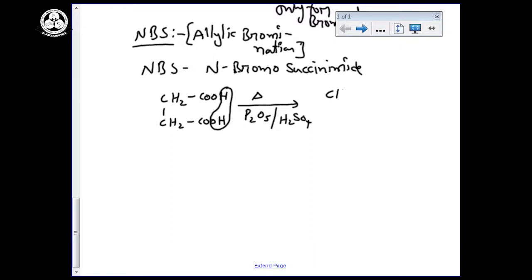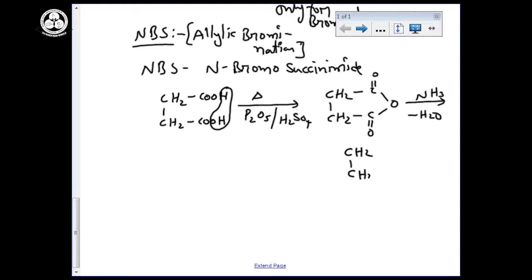Now we get one cyclic compound, CH2, C double bond O, with oxygen here. Next I am adding ammonia to this one. I am doing the ammonolysis. Now you can remove the water from here. Now it becomes CH2, CH2, C double bond O, NH.